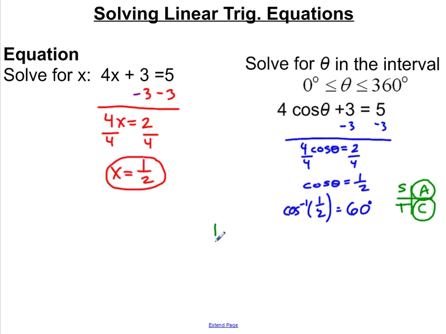So I will draw a reference triangle. Well, the one in quadrant 1 is pretty easy, right? Because the reference triangle of 60 degrees already has its angle. So I know 60 degrees is an answer. And then in quadrant 4, it's all the way around except for 60 degrees.